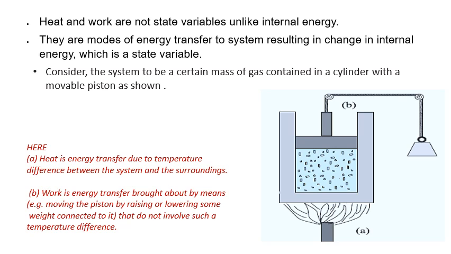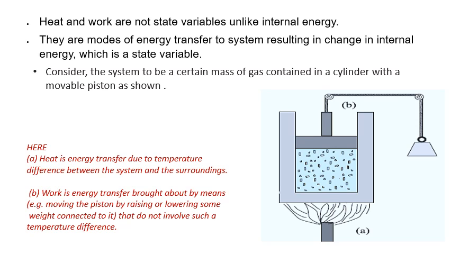To understand it, consider the system to be a certain mass of gas contained in a cylinder with a movable piston. Here in diagram A, heat is energy transfer due to temperature difference between the system and the surroundings.